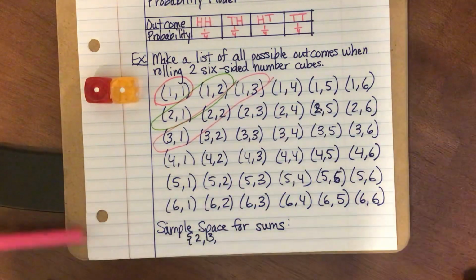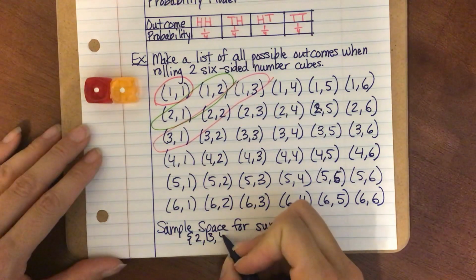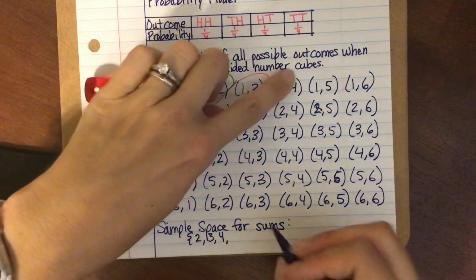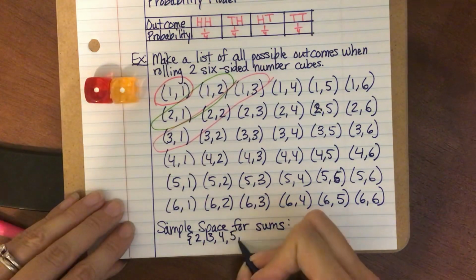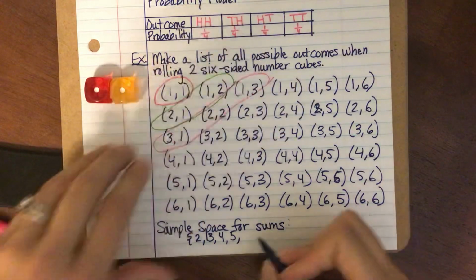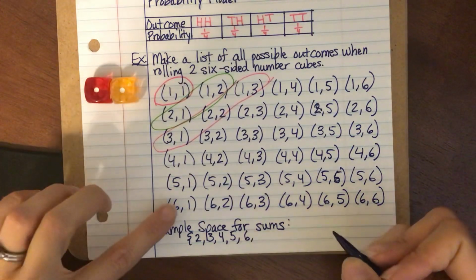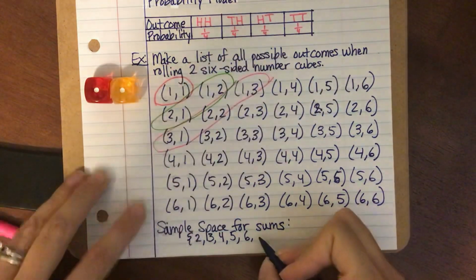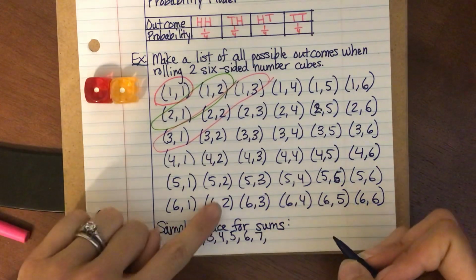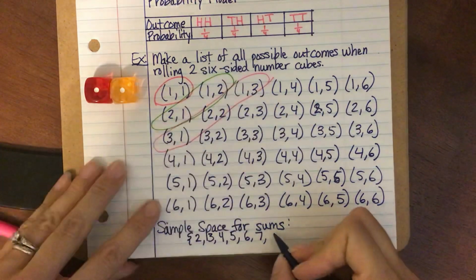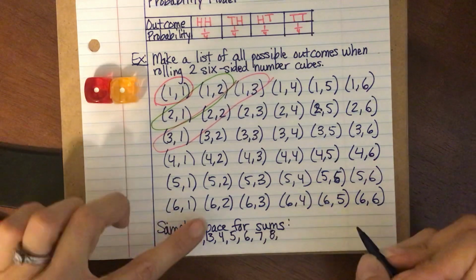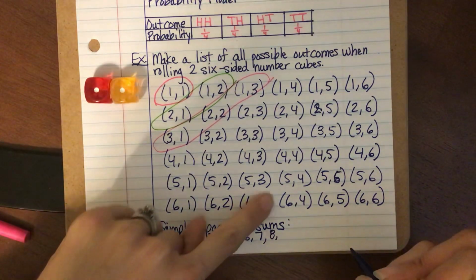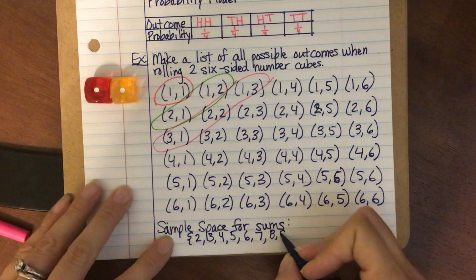Okay, so 4. And you can see that these ones add up to 5. These add up to 6. These add up to 7. These all add up to 8. These ones right here add up to 9.